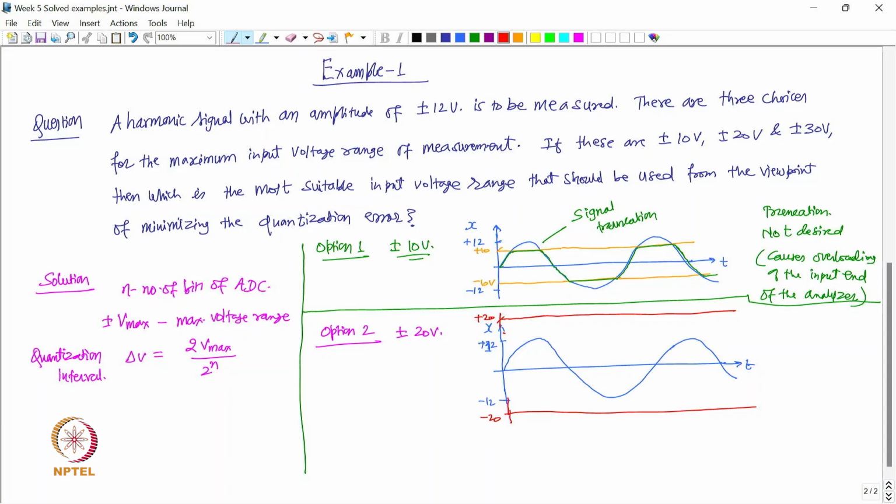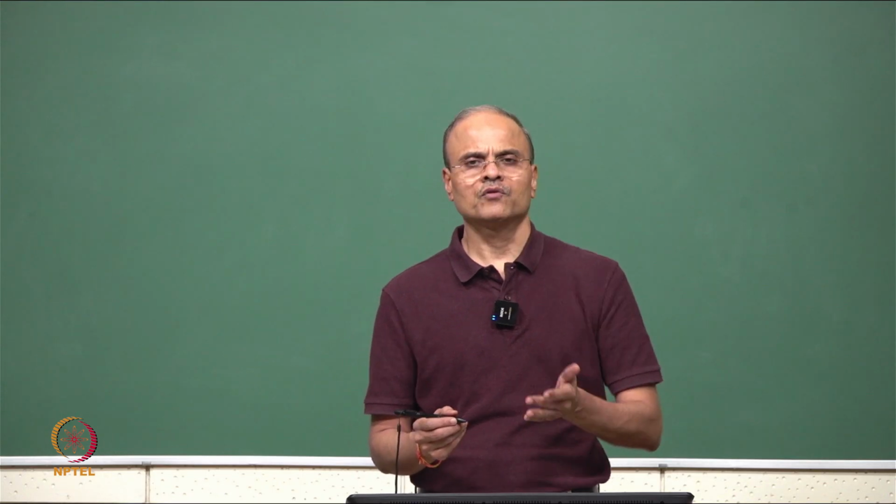volt, right. And now here you can see that the input end will not be overloaded and there will be no signal truncation. And also the maximum voltage is 20 volt, which is more than 12 volt, right.